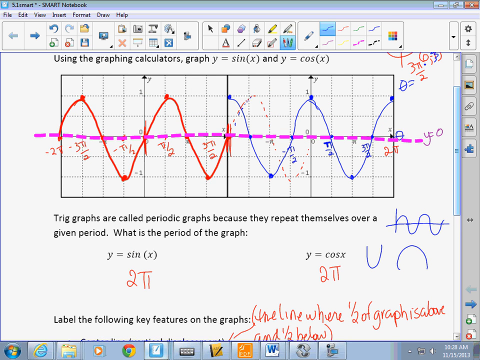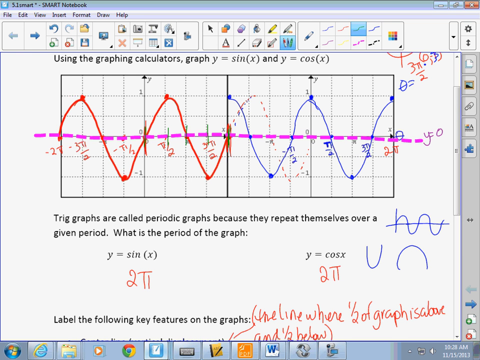If our period is going from 0 to 2 pi, I'll use green. If we start here and end here, that's one period. See all 4. So here's 1 space, 2 space, 3 space, 4 spaces.